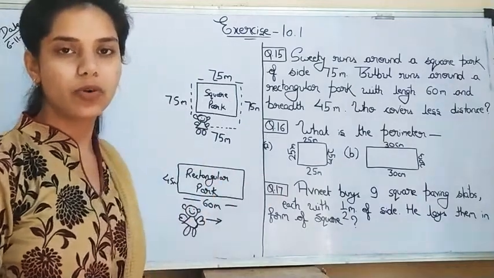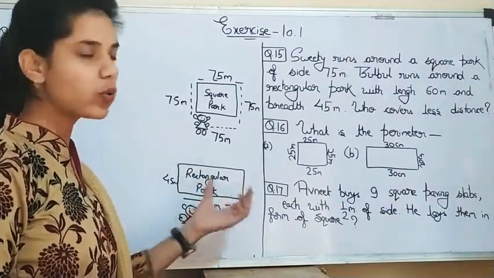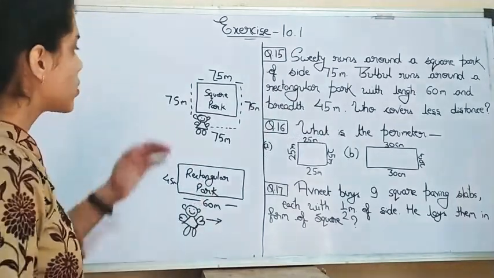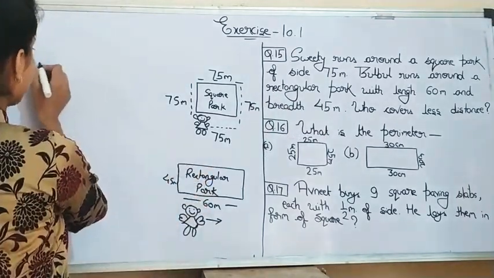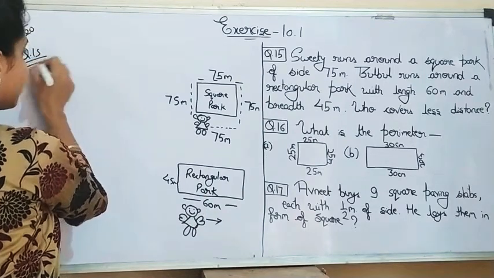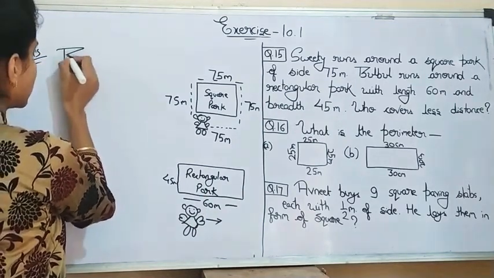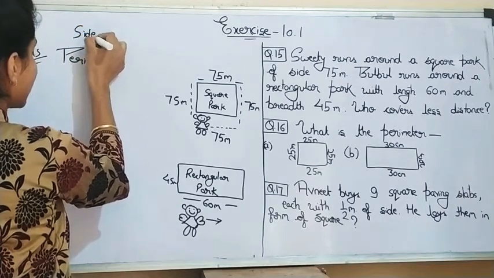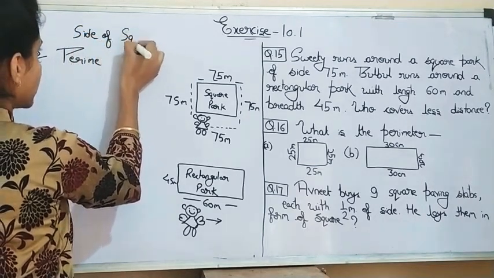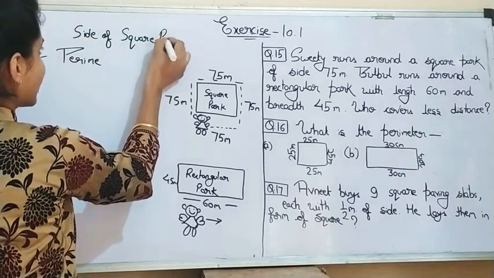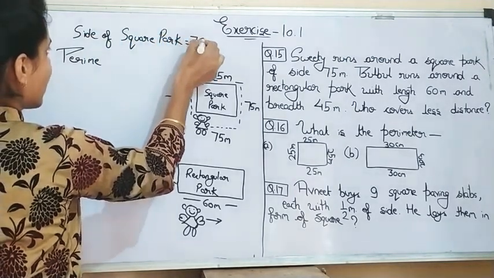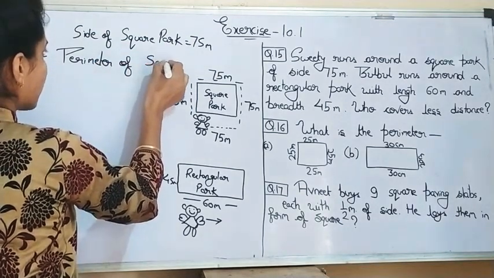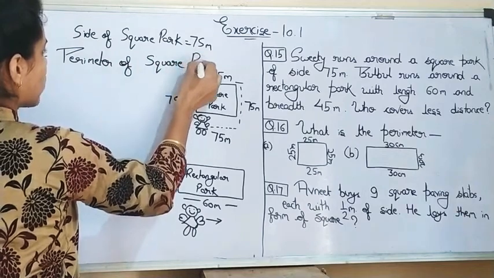First of all, we will find the perimeter of the square park. Side of the square park is equal to 75 meter.